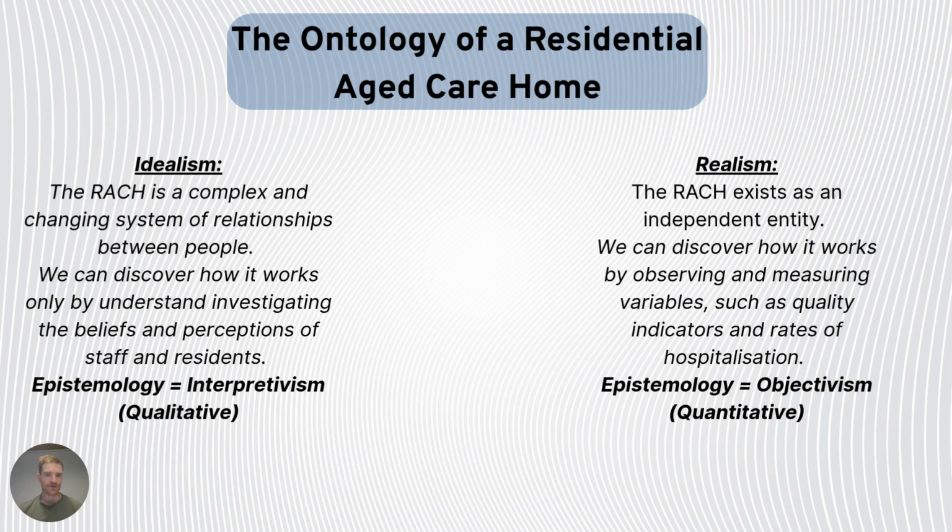Common pitfalls happen with qualitative research when researchers don't have a firm ontology, so they don't have a firm view of their reality, whether it's very idealistic or very realistic.